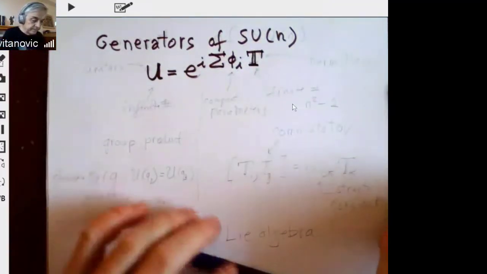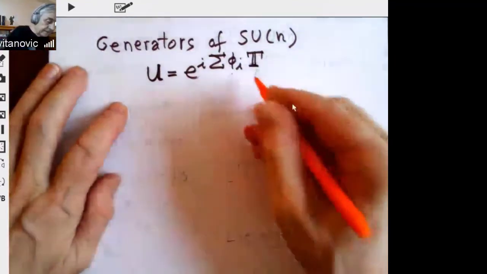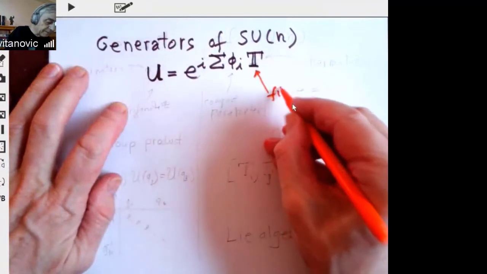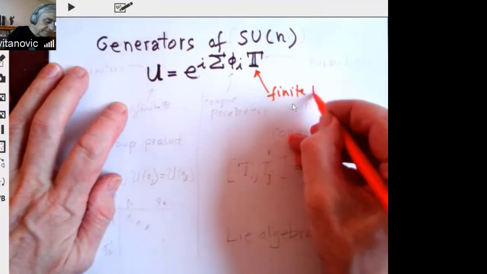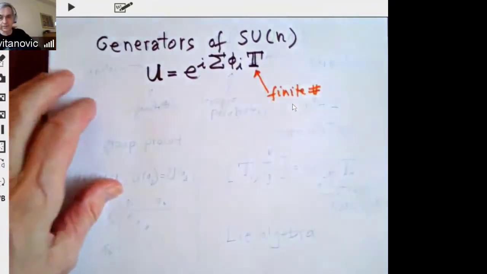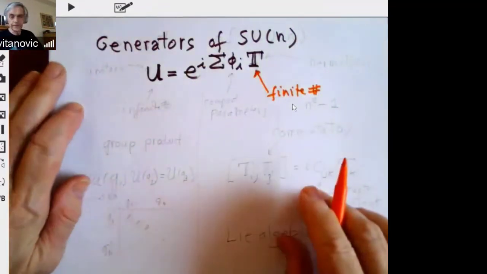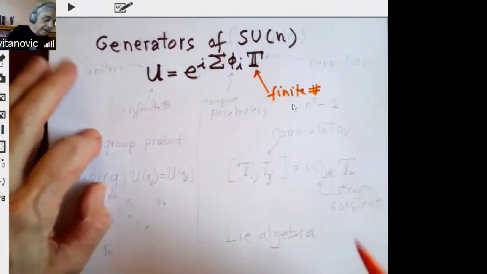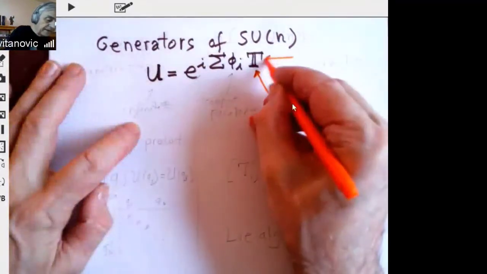Now, these matrices in the exponent, there is a finite number of them. That's called the order of the continuous group. The order of a finite group was the number of elements in the group, but for the order of a continuous group, you count the generators. For unitary groups, they're very nice matrices.